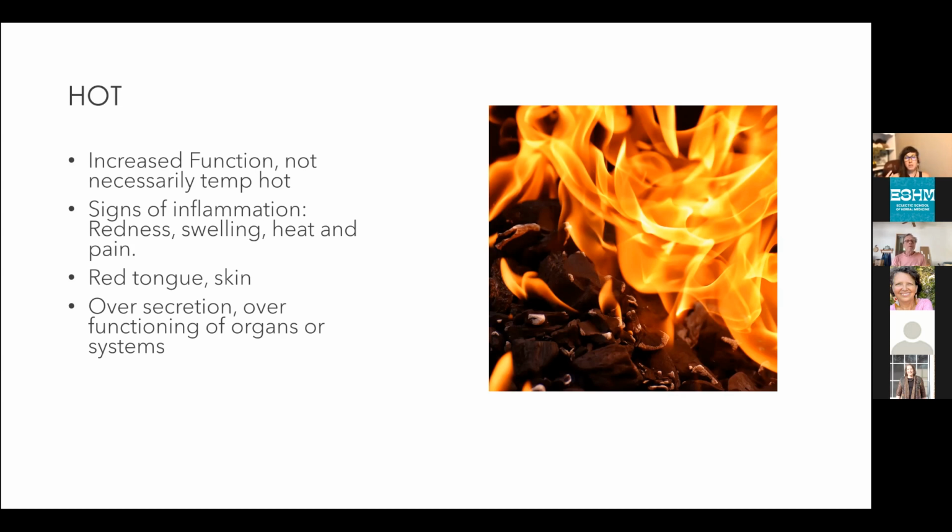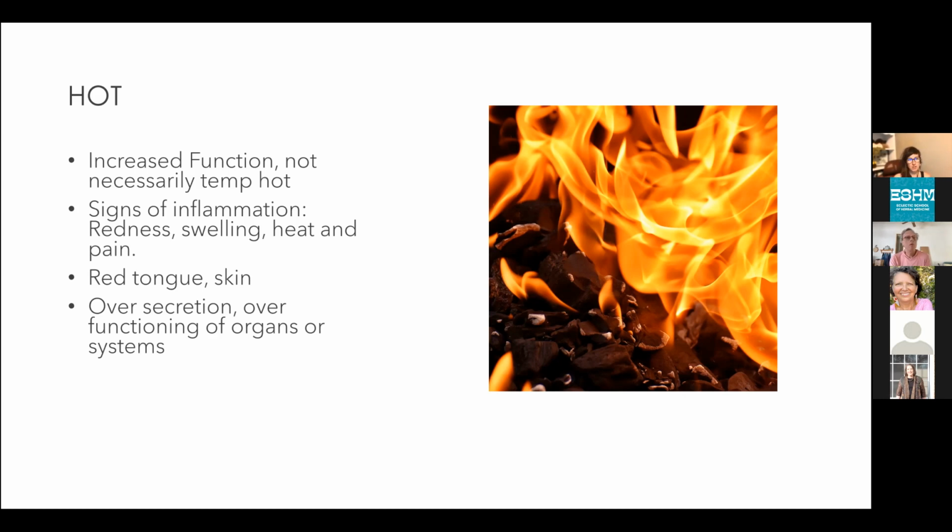But hot encompasses not only the increase in body temperature, whether overall in the case of a flu or an infection, or locally at the sites of inflammation where we're seeing redness and swelling, and new injuries can feel hot to the touch, and also that pain in that area. So we're encompassing that along with increased or over functioning. So it's not necessarily just that temperature.